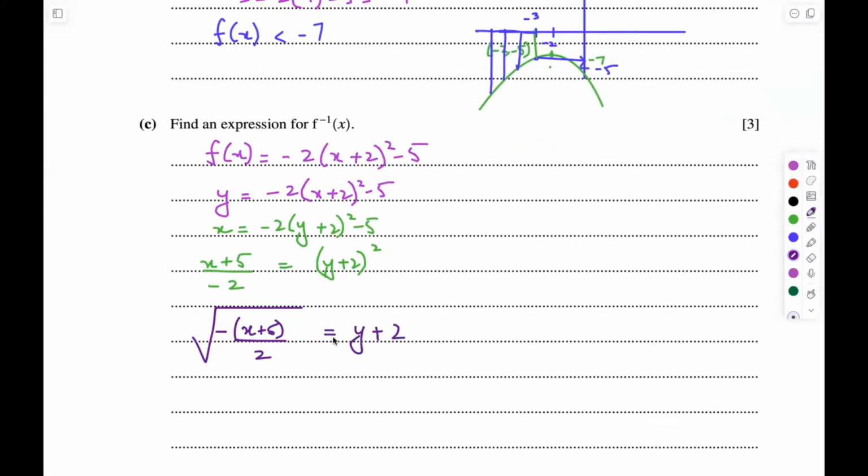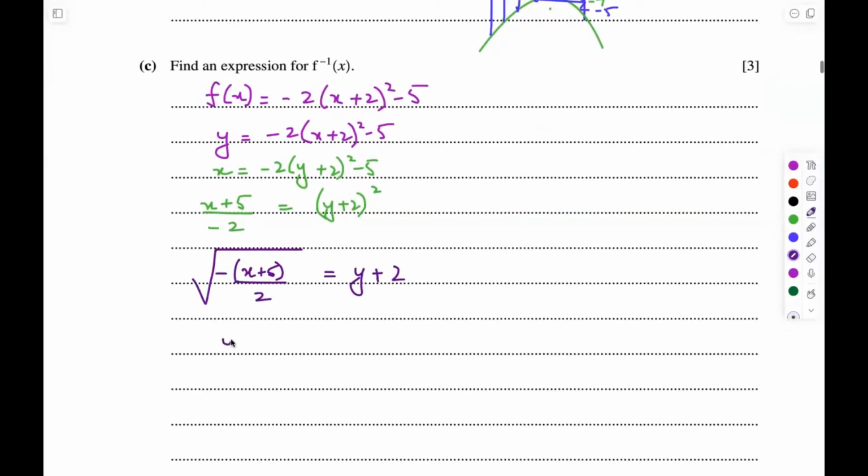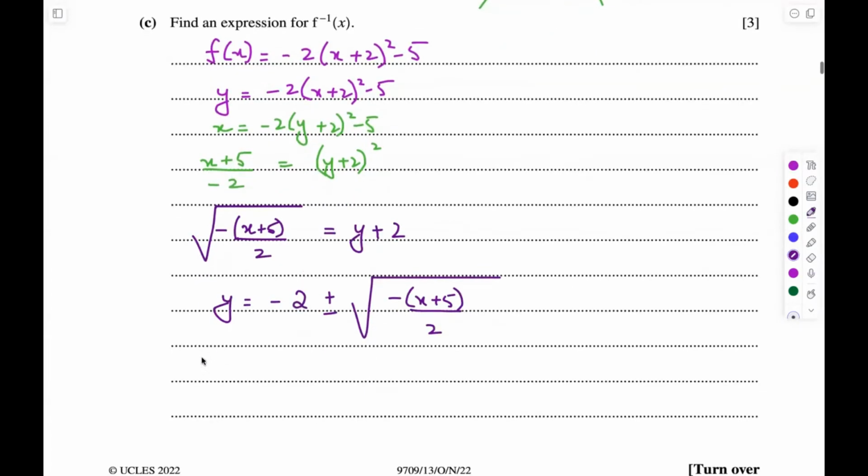And now taking 2 to the left hand side, y will be equal to minus 2, and as the square root has a plus minus sign, this will become plus minus the square root of ((minus x plus 5) upon 2). So we can write that the function f inverse of x is minus 2 plus minus the square root of ((minus x plus 5) upon 2).